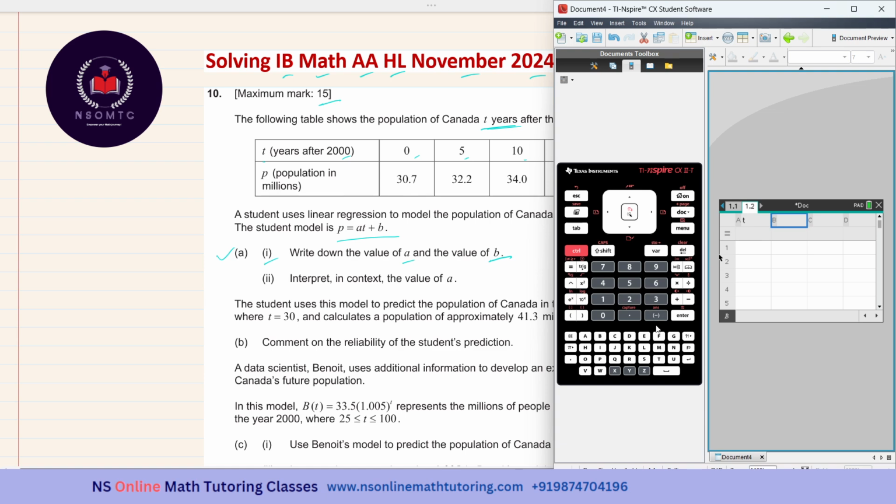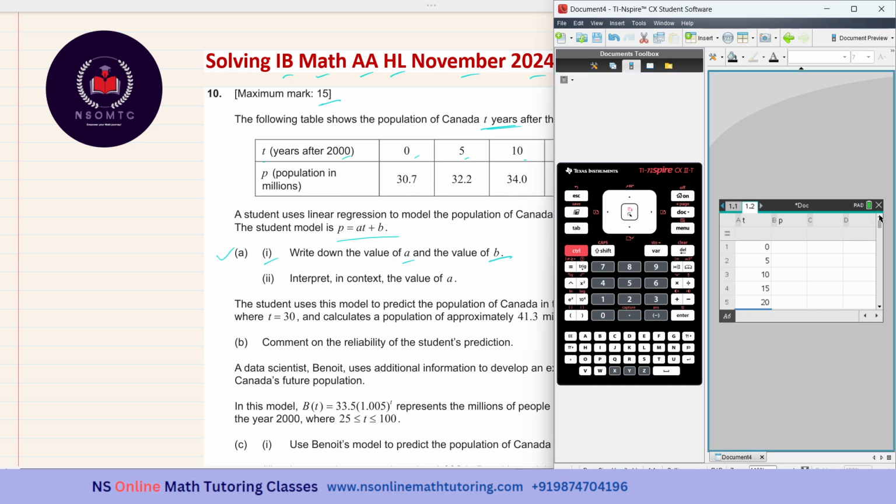And the other one will be P. Fine. So it is 0, 5, 10, 15, and 20.